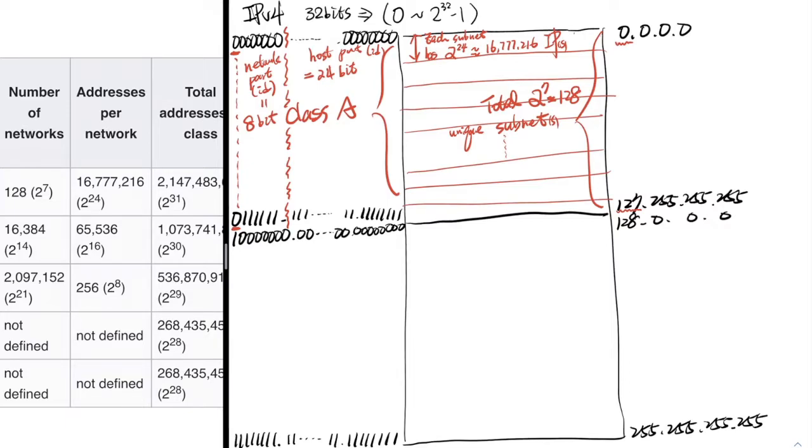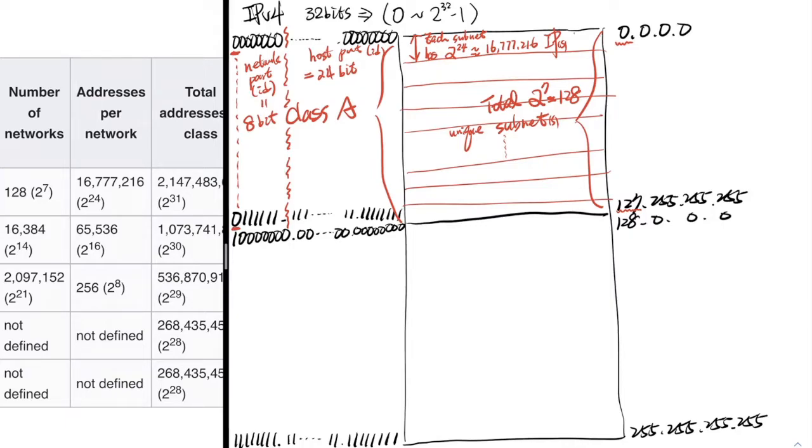So in total, in the range of class A, maybe we should draw the figure more precisely. They should be right here. In the entire class A, according to the network part, we have 7 bits that can uniquely identify 128 different network parts.